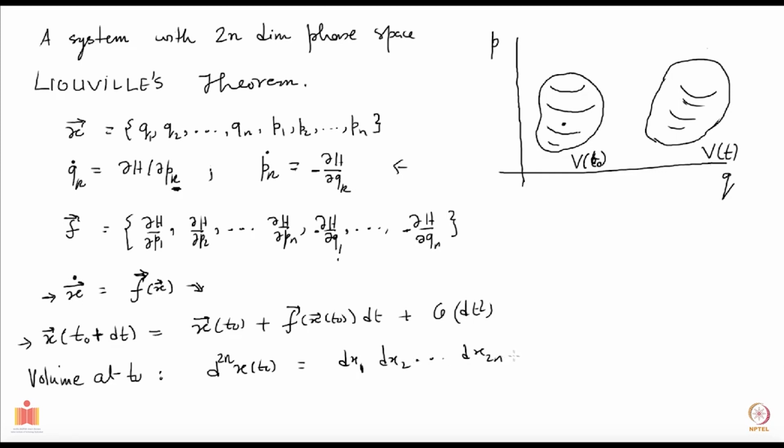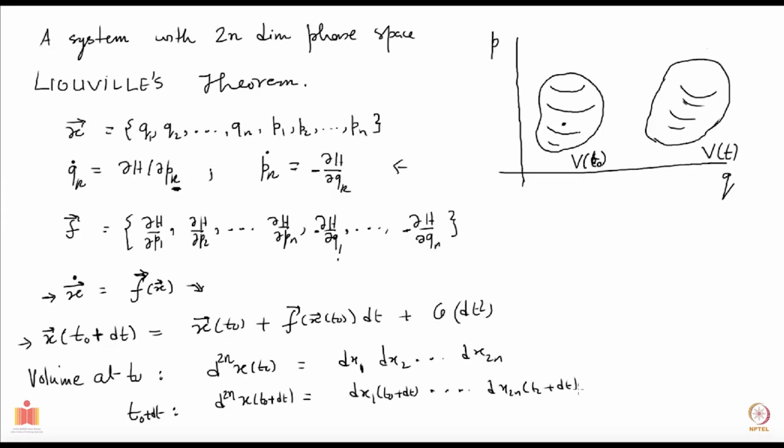That's what the volume is at time t0. And then at time t naught plus dt, you will have d2n x of t naught plus dt, which is again the same thing, dx2n at t naught plus dt. That was easy. Now how are the two volumes related?